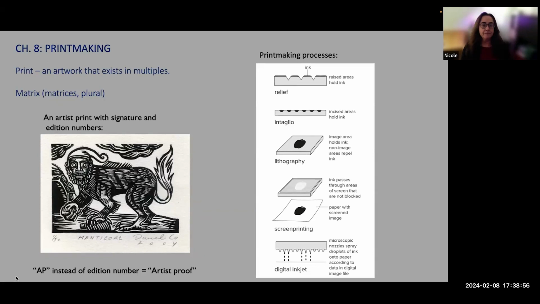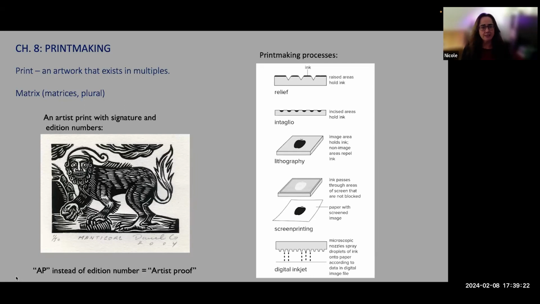If the print is so large that we don't see a white border around it, as we do in this case, then you might look on the back of the print for the same information. There's one different designation that I just want to point out that you might come across. Where we see the edition number here, 1 out of 50, you might see letters or initials that represent different things. I want you all to know about the term AP that could be located here.